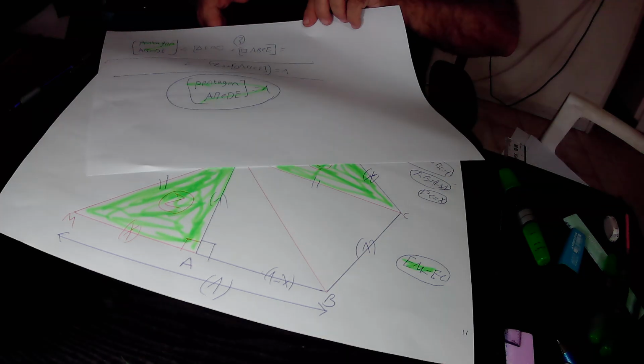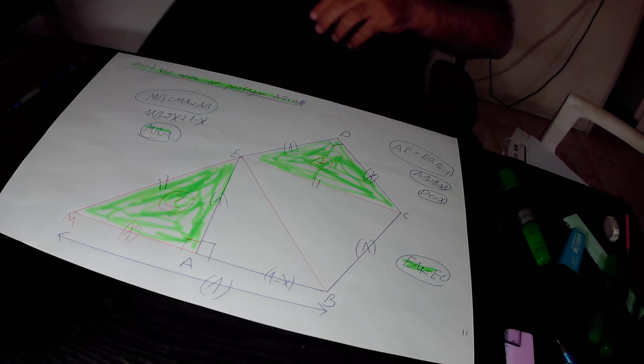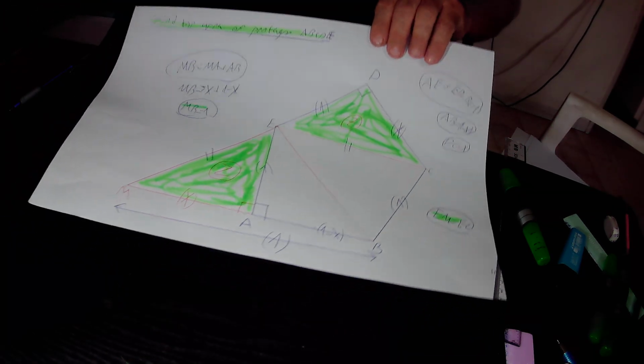And that is the answer to the first question. In the next step, I will present you the second question, and I will repeat the solution that we have for the second question.